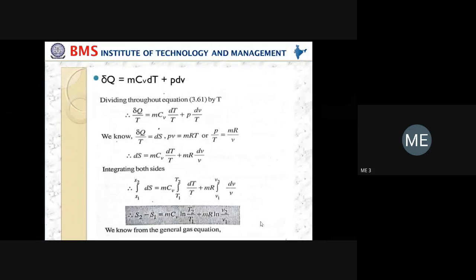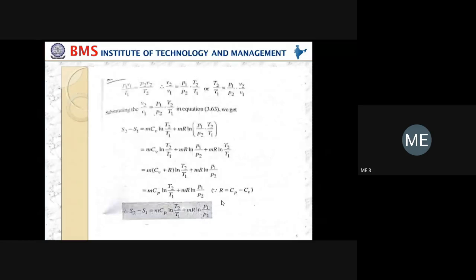Okay, so in the exam they'll ask you to derive the expression for entropy change for any process in terms of T and V, which means you have to find this one. Second one, in terms of T and P, you have to derive this expression. And in terms of P and V, we have to derive this expression.